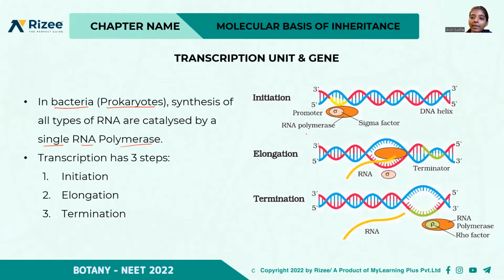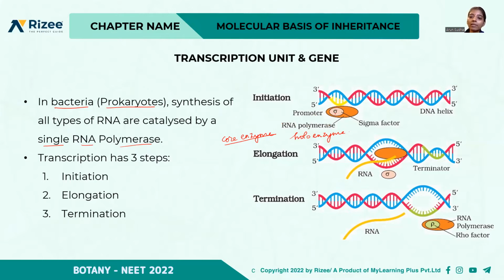So what is happening in initiation? This is the RNA polymerase enzyme that binds to the promoter region. Okay, the promoter region in the DNA. So this RNA polymerase has different subunits. We can call them the core enzyme and the holoenzyme. The core needs the factor called the sigma factor for initiation to happen.